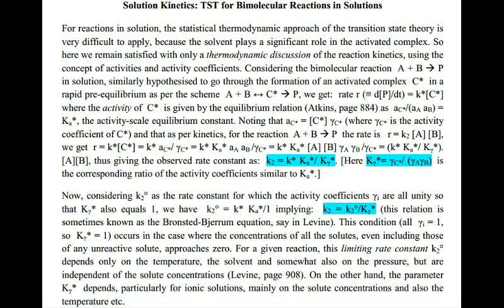The activity of C star is given by the equilibrium relation in solution: as if A and B are in equilibrium with the activated complex C star, we have activity of C star divided by activity of reactant A into activity of reactant B, equaling the thermodynamic equilibrium constant Ka.